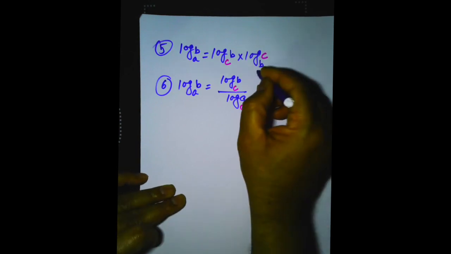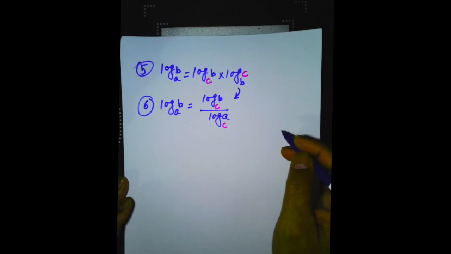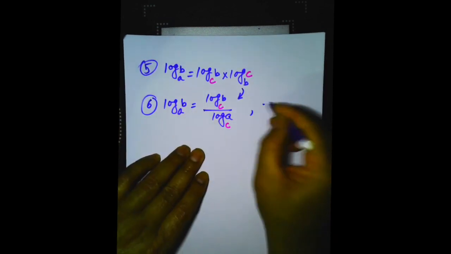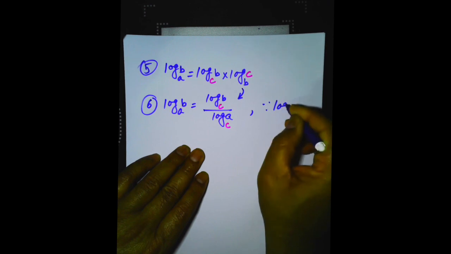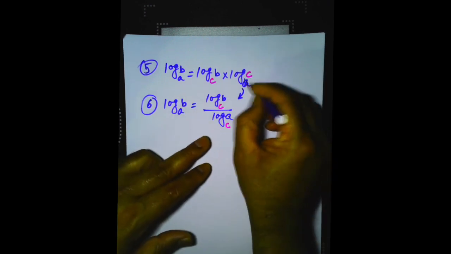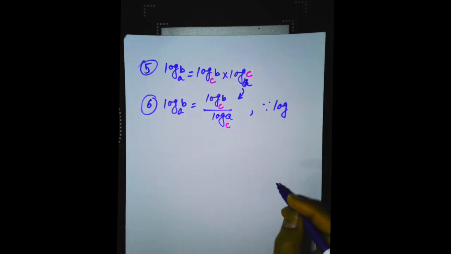If you consider this point, this result can follow from law 5, since here this is c, sorry, it should be a, so that this is b, c, c and a.